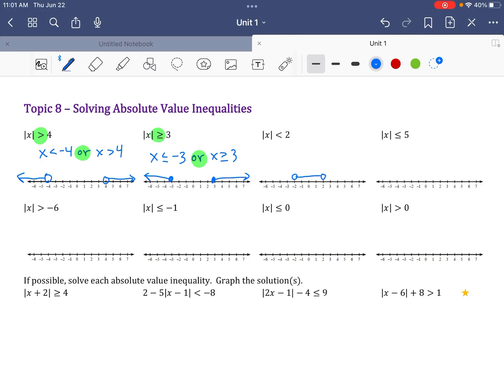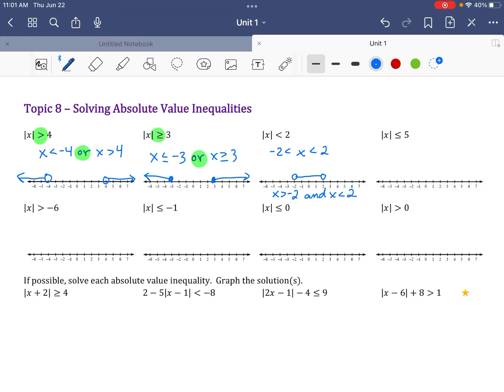So you could write this answer in two ways. You could say that the x value has to be between -2 and +2, or you can also say it like this. You can say that x is bigger than -2, and at the same time x is less than +2.